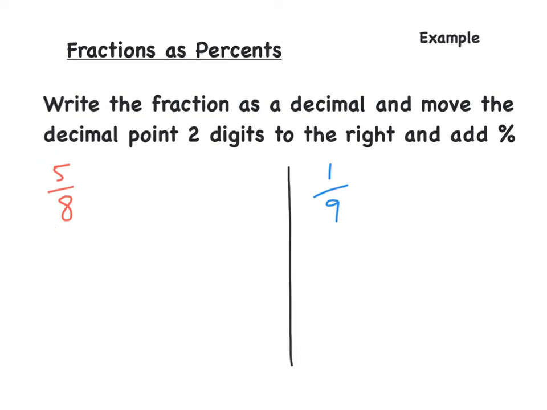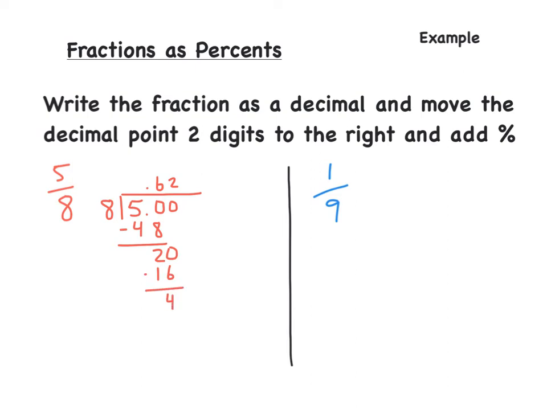If we have 5/8, 8 goes on the outside, 5 goes on the inside. 8 can't go into 5, so we add a decimal point and add a 0. 8 goes into 50 6 times, so that'd be 48, minus, 2. Add the 0. How many times does 8 go into 20? 2 times, which is 16.